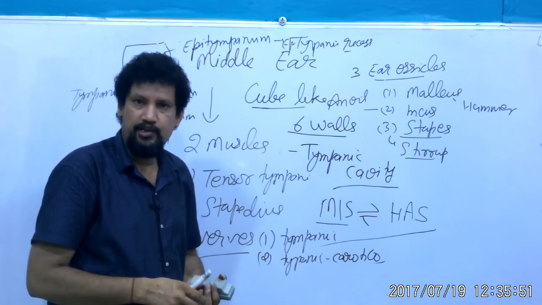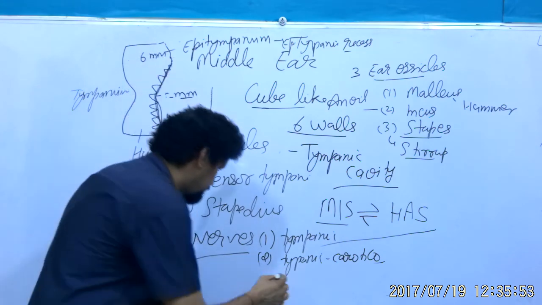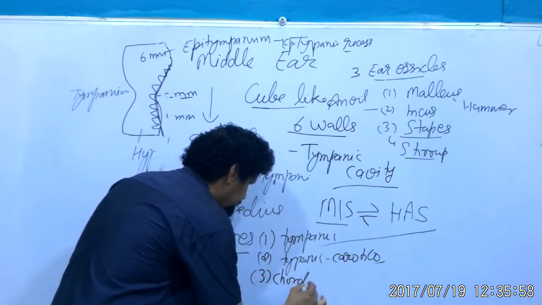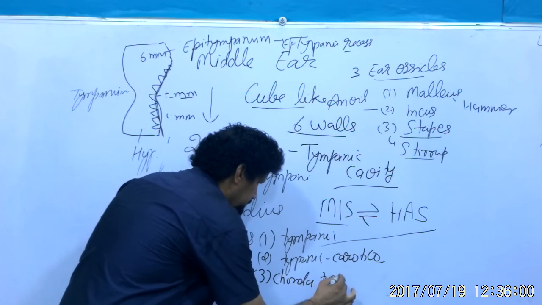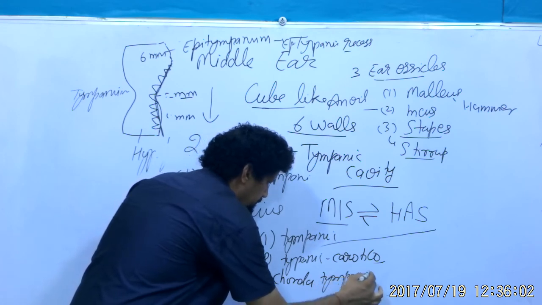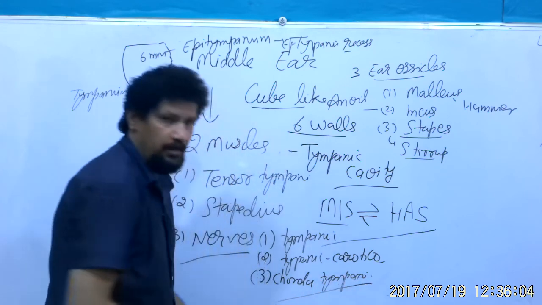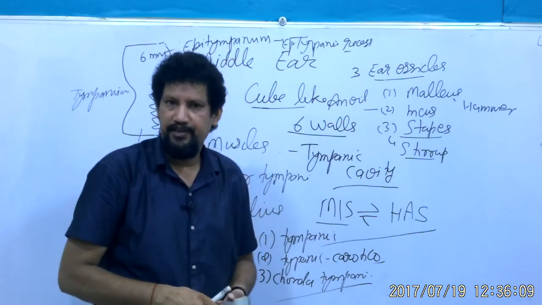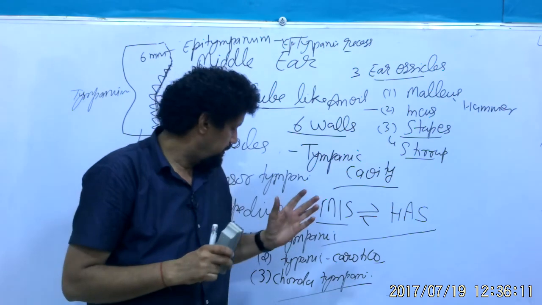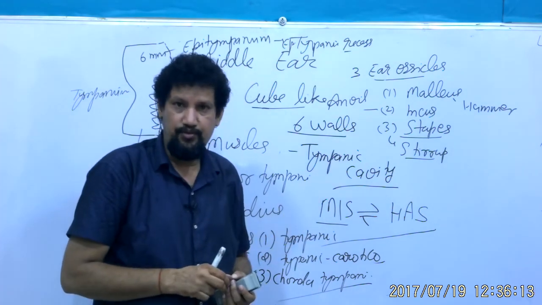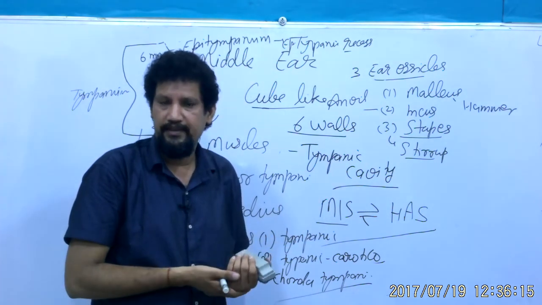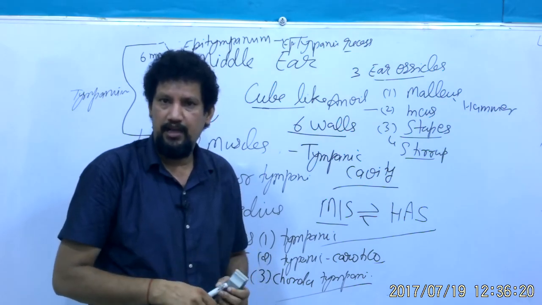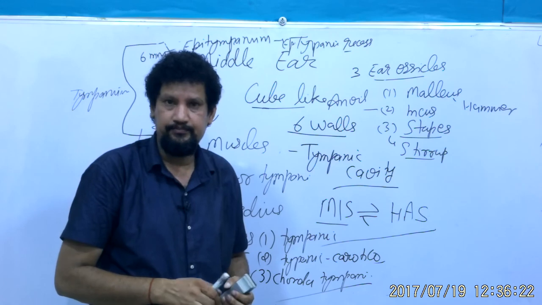And third nerve, the chorda tympani. This is a branch of the facial nerve, the nervus intermedius, and bringing the sense of taste from anterior two-thirds of the tongue, and also having preganglionic parasympathetic fibers for the submandibular and sublingual glands.